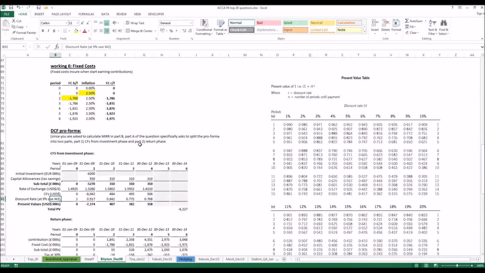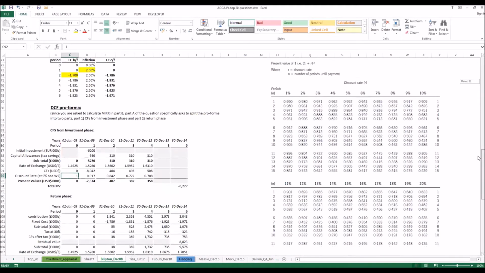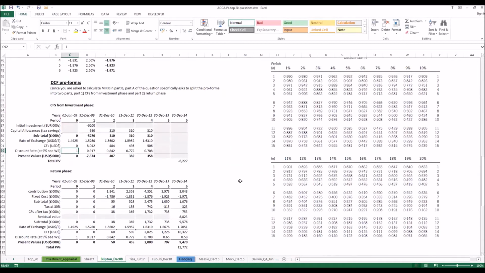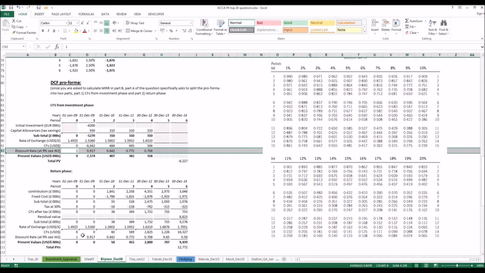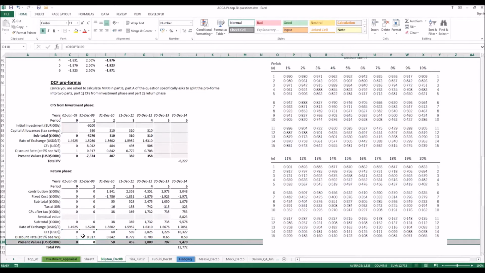We calculate it to be 9%, but we are told that the real cost of capital is 4.2%. But because there is inflation of 2.5% and 4.8%, the difference between UK and US is quite large, we need to build that into our discount rate, which is here and also here, because that will allow us to go from the cash flows to present values of those cash flows.